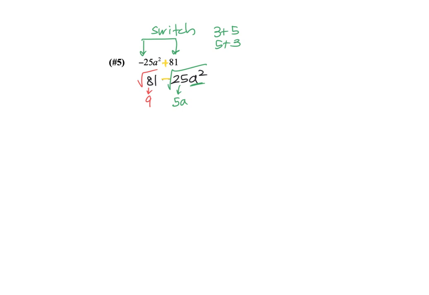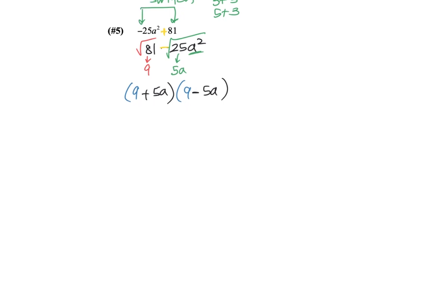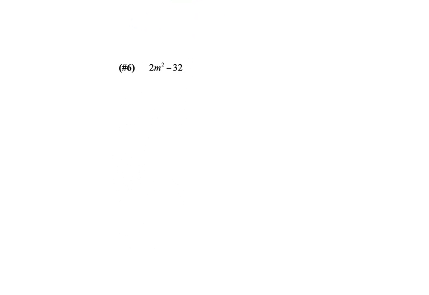And therefore, because those things are perfects and I have a minus in there, I'm able to rewrite these, right? So this is going to be 9 plus 5a and 9 minus 5a. Good. Okay, let's take a look at number 6.